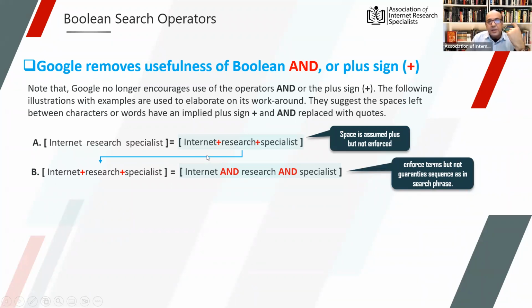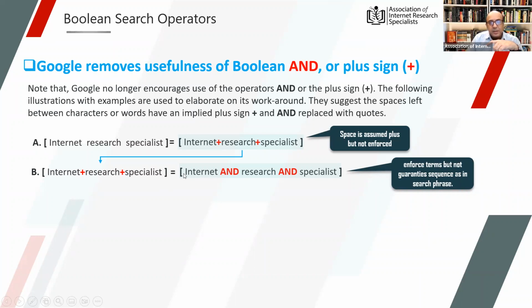I'm not putting a plus sign in the search query because it's worthless; it won't have any impact. This is just to explain the concept. Therefore, the plus sign is assumed to exist without you noticing it as a user.